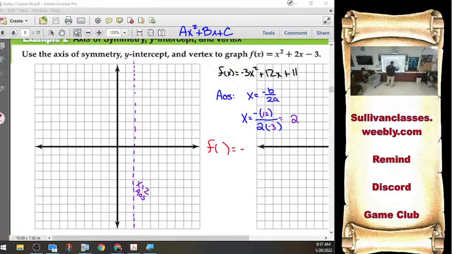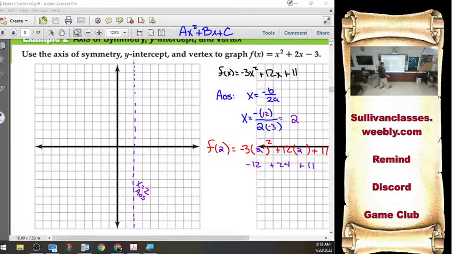Function of 2 is negative 3 times 2 squared plus 12 times 2 plus 11. In goes 2. 2 squared is 4. 4 times negative 3 is negative 12. 12 times 2 is 24, plus 11. 23.